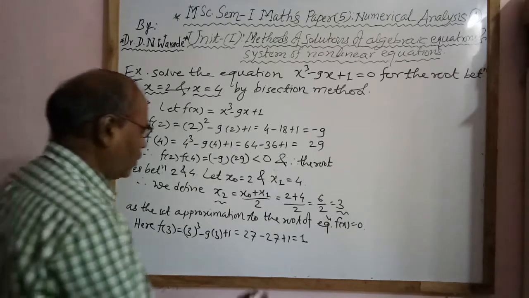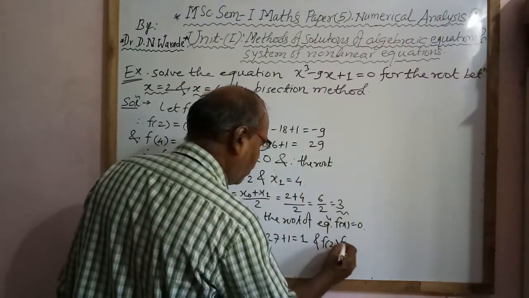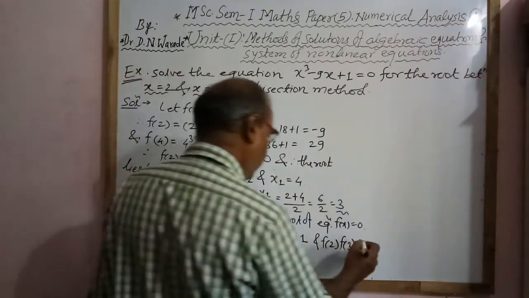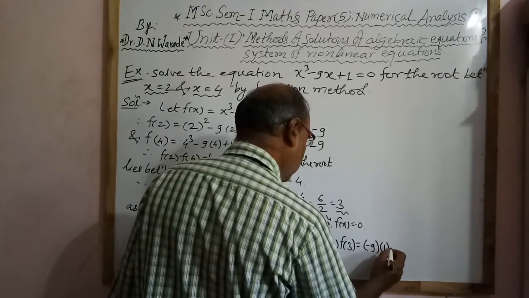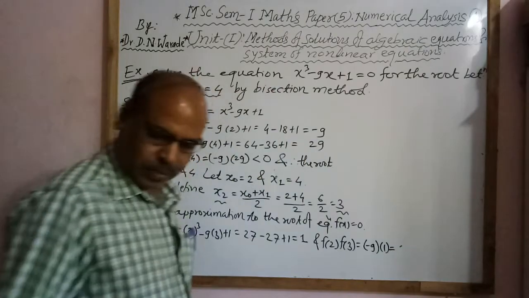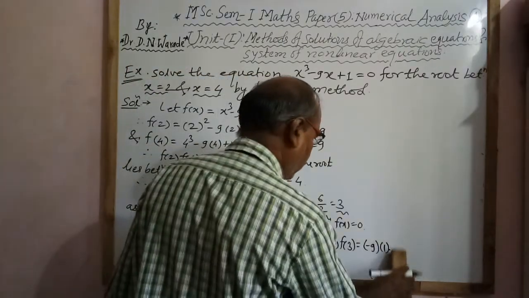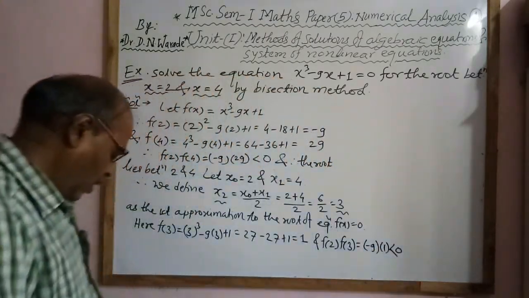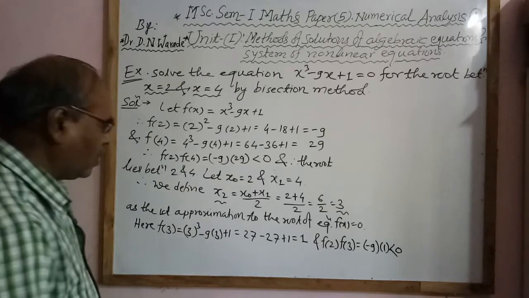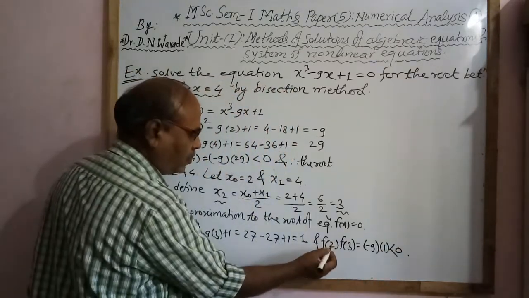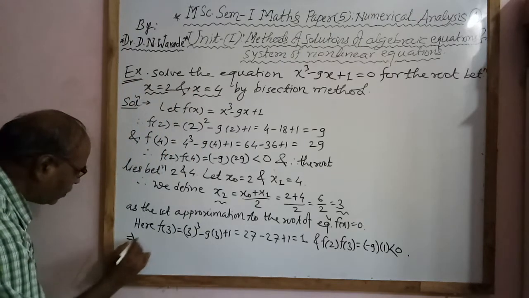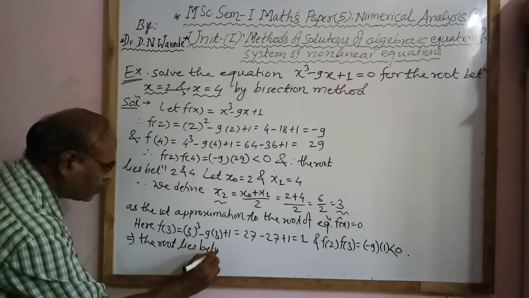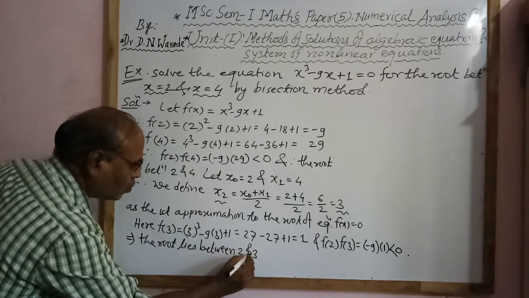Also f of 2 into f of 3: f of 2 equal to minus 9 into 1, which is negative, less than 0. Therefore, the root lies between 2 and 3.